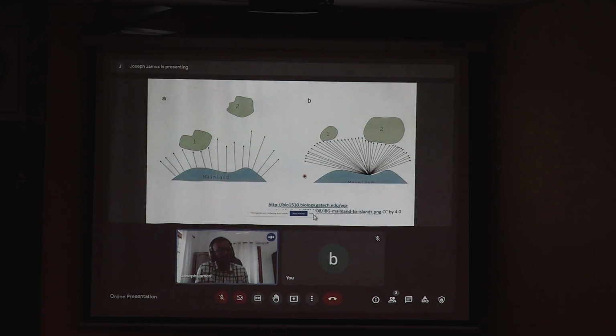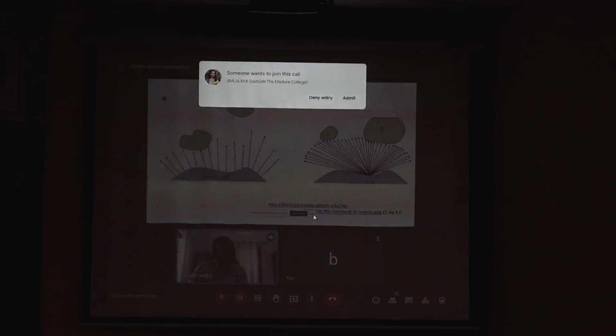Some of you might already know about the theory of island biogeography. This theory was postulated by MacArthur and Wilson, and formulated in South American islands. What they found was that as the distance of an island from the mainland increases, the rates of extinction increase, compared to when an island is closer to the mainland.